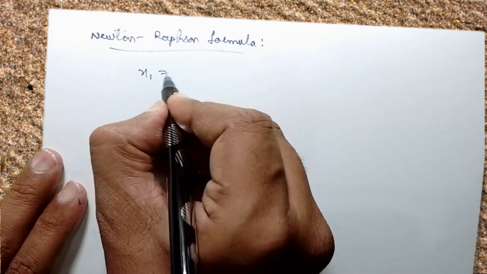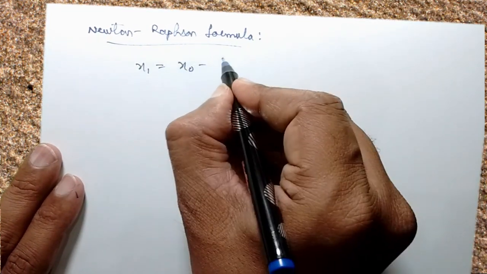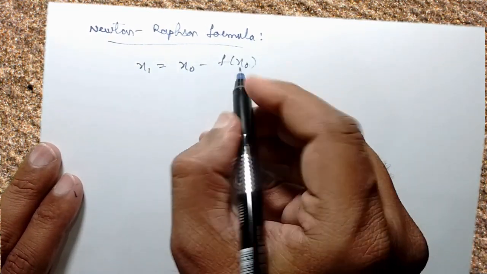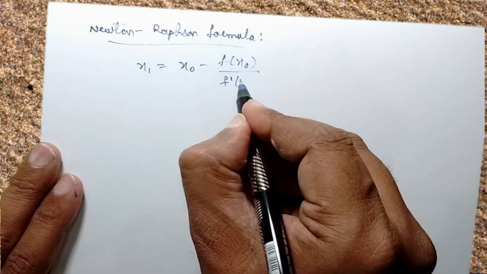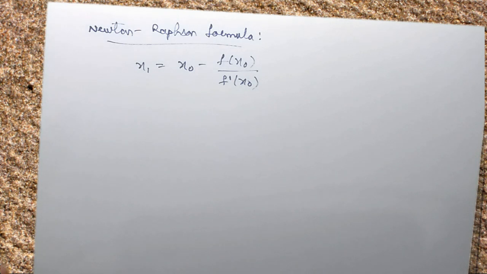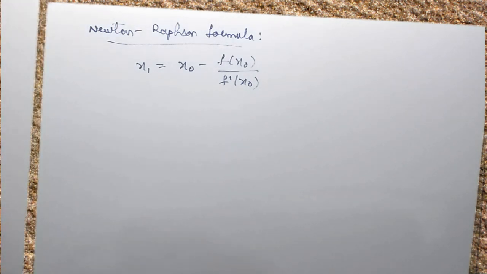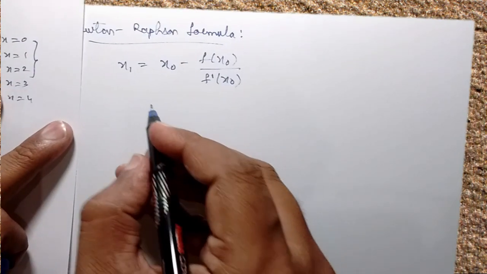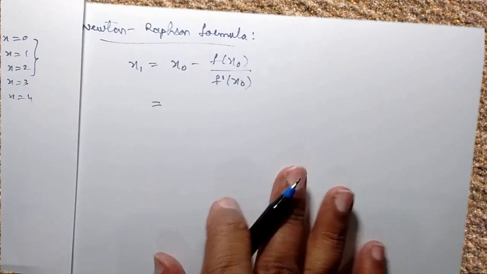So you have x1 equals x0 minus f of x0 divided by f dash of x0. That is the formula you have. The x0 value is known.